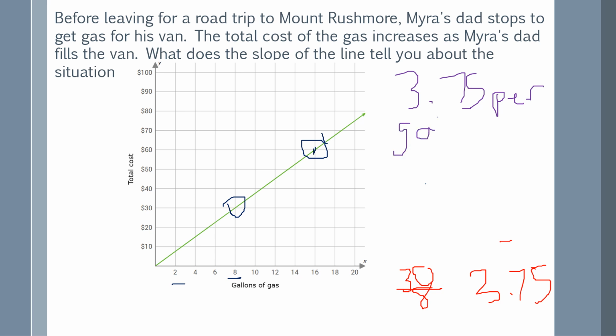And that per means 1 gallon. So for 1 gallon, I'm paying $3.75. So that is how you figure that out. Again, this is ACT stuff that you will be dealing with also in your chemistry. So if you struggle with this, come see me. We'll talk further. But I think you got it.